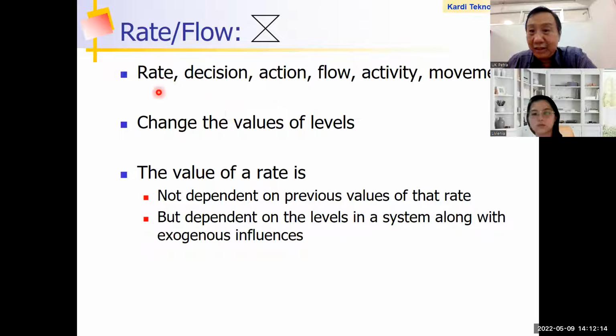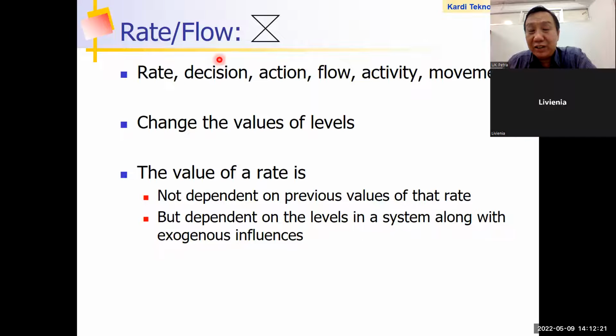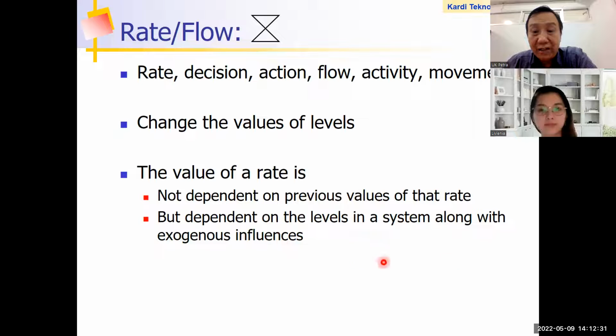The rate, another name again: decision, action, flow, activity, movement. All these represent the change in the value of the level. The value of the rate does not depend on the previous value of the rate, but depends on the system along with the exogenous influence.